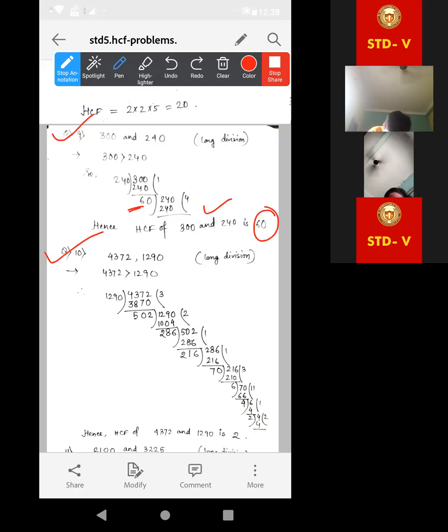Achha, here also 1290 is less than 4372. So we have to divide 4372 by this 1290.